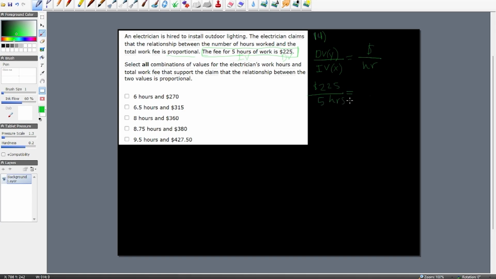Well, how can I get this to be in terms of 1 hour? Well, I can divide by 5. And what you do at the bottom, you got to do the top. That's going to give us 1 hour down here. Then 225 divided by 5 is some long division. 5 goes into 22 4 times. 4 times 5 is 20.